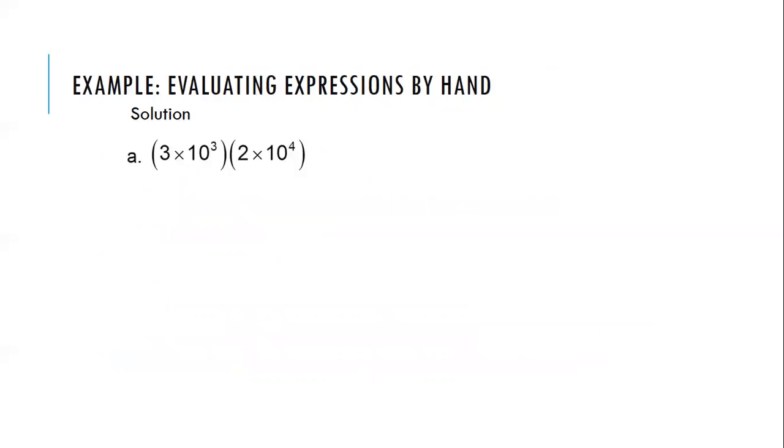So following these steps, the first thing is to combine, rewrite using associative property. So first, we're going to rewrite this. Factors with no power together, factors with powers together, basically. So it becomes 3 times 2 and 10 to the 3rd times 10 to the 4th. Does that make sense?